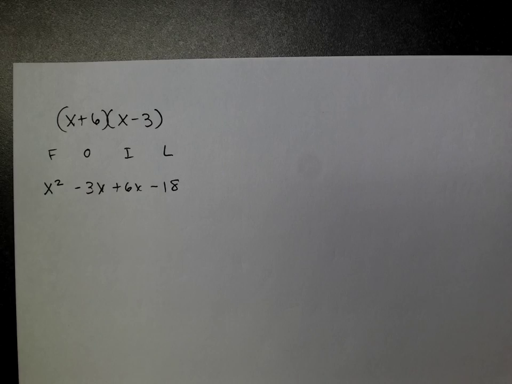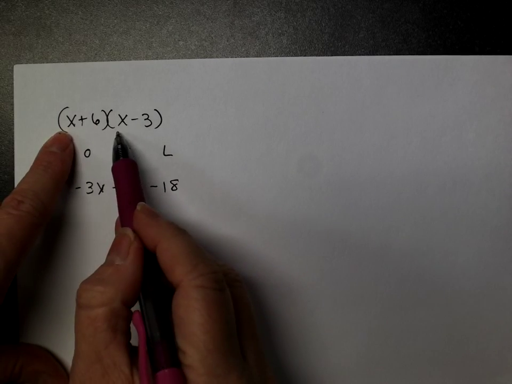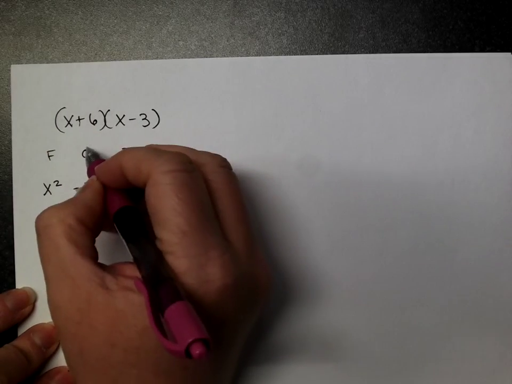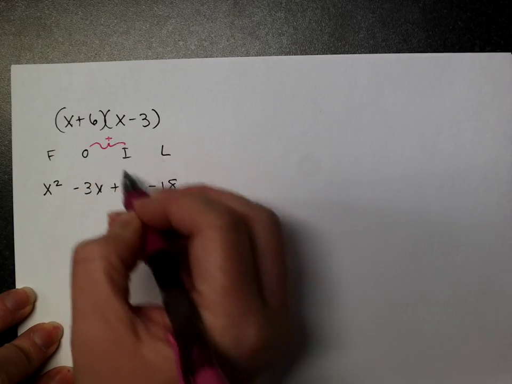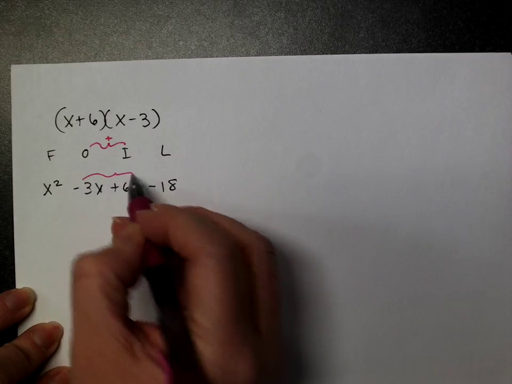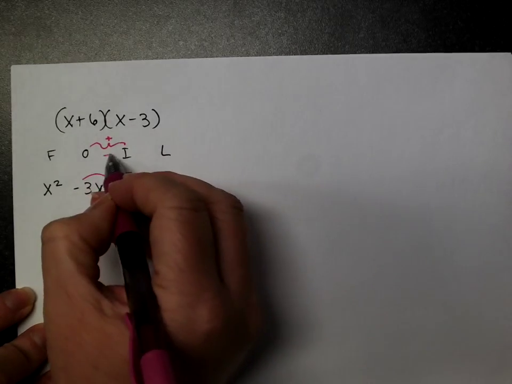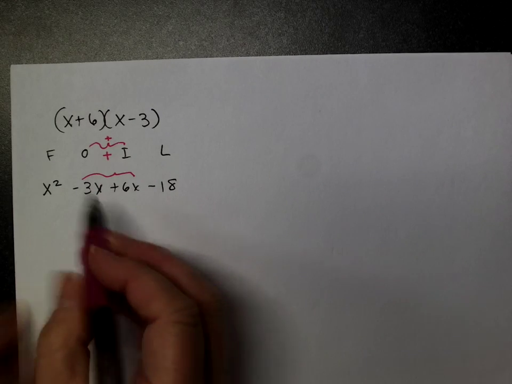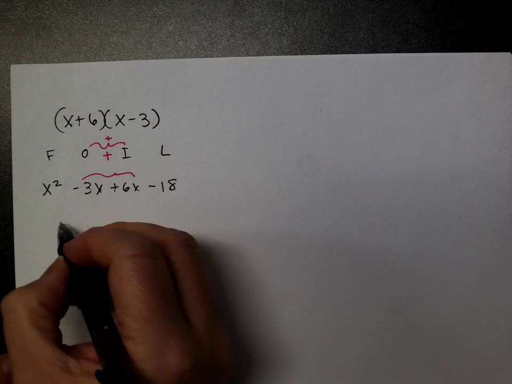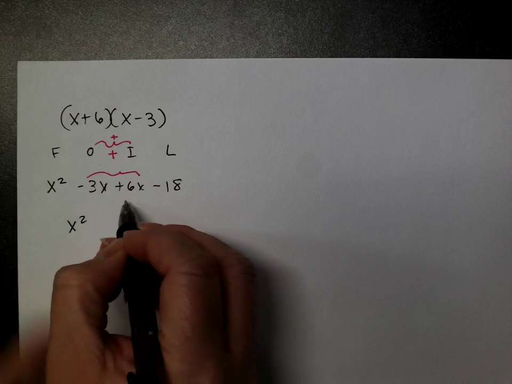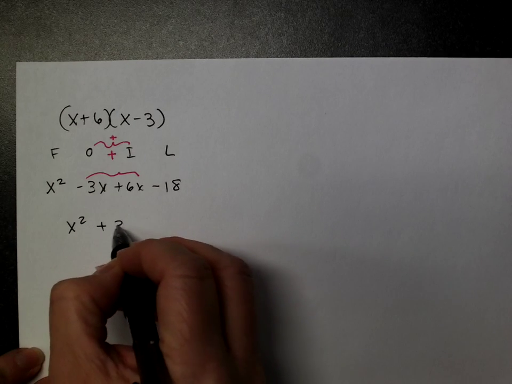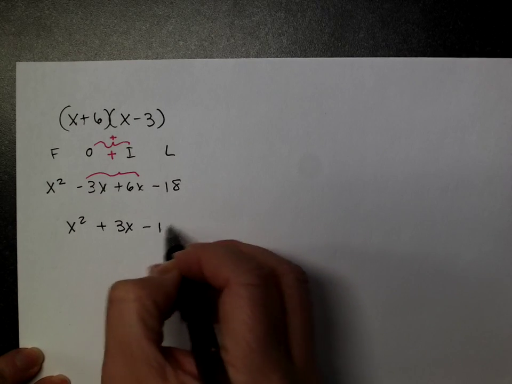Now your O, because we had like terms, means our O plus our I can be added. These are like terms. So we got O plus I here, and so our FOIL 4 terms becomes a trinomial: x squared plus 3x minus 18.